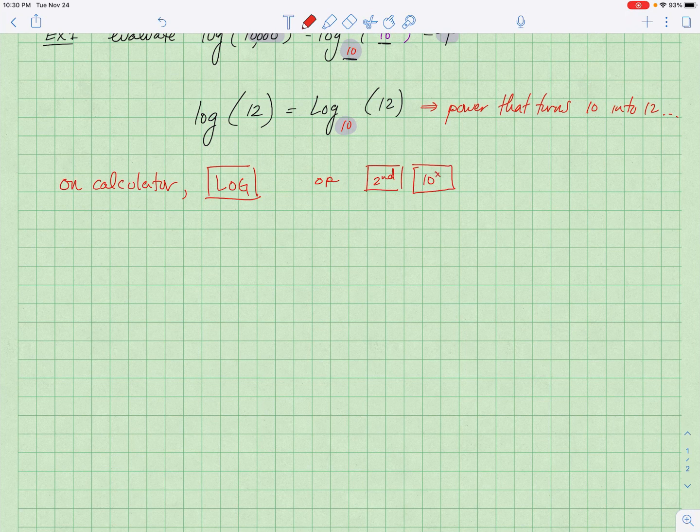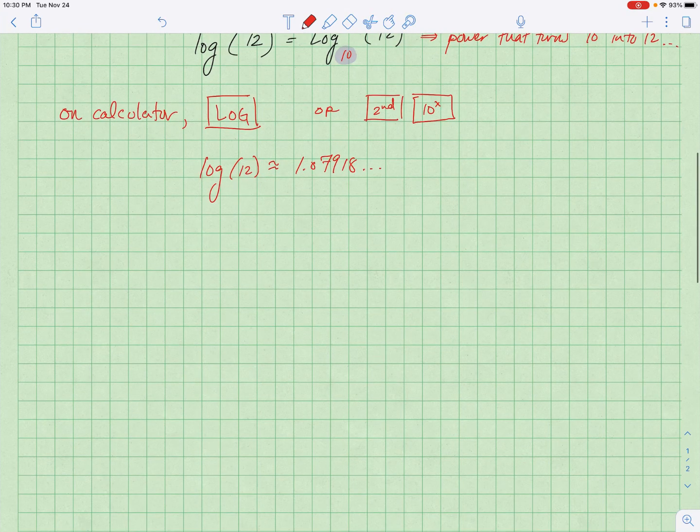But it turns out that if you calculate this here, the power required to turn 10 into 12 is log of 12, which is approximately 1.07981 and some change. So it's a little bit bigger than 1. 12 is a little bit bigger than 10. And so the power required to turn 10 into 12 is a little bit bigger than 1.